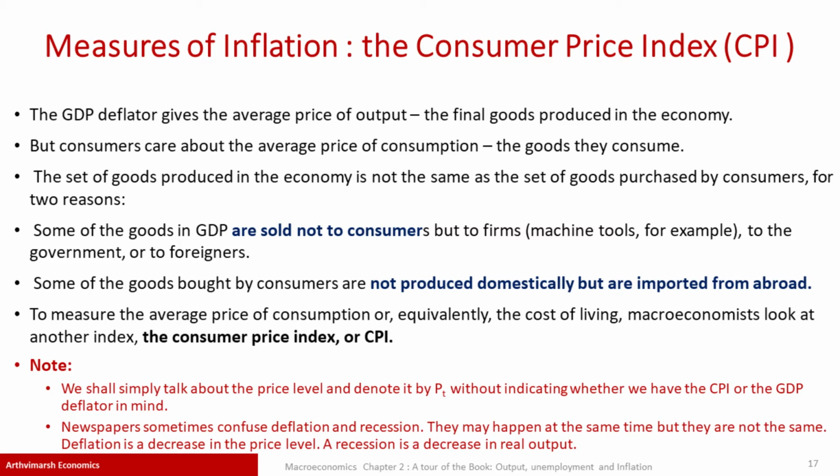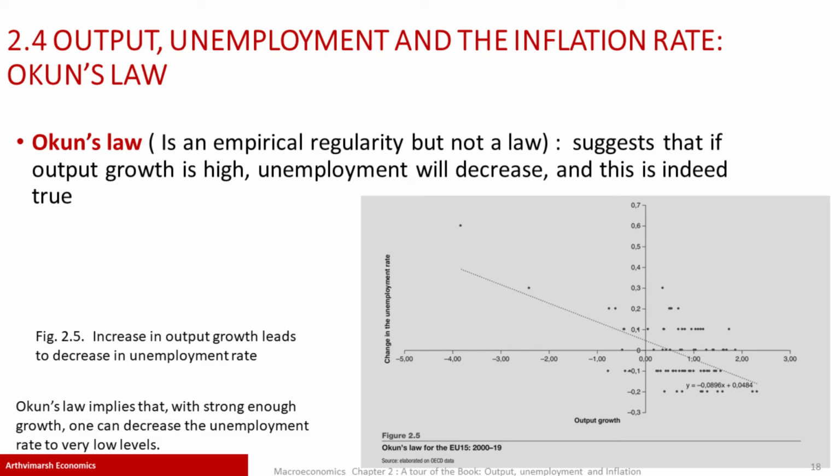So far, we have discussed the measure of output in terms of GDP, then the measure of price levels in terms of the GDP deflator and inflation. Now, this theme is about output, unemployment, and the inflation rate, which is basically explained in terms of linkage by what we call Okun's law, though it is an empirical regularity but not a law.